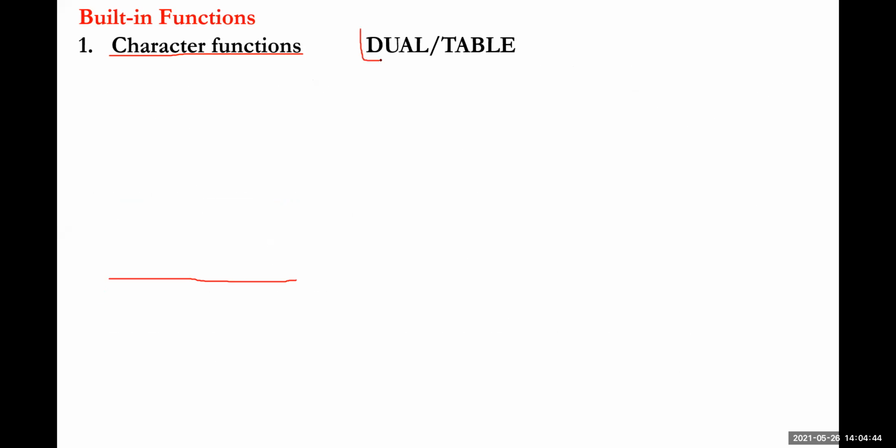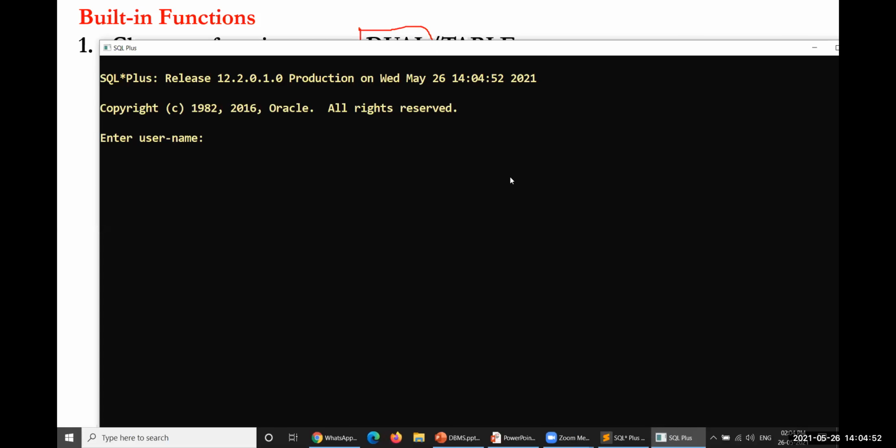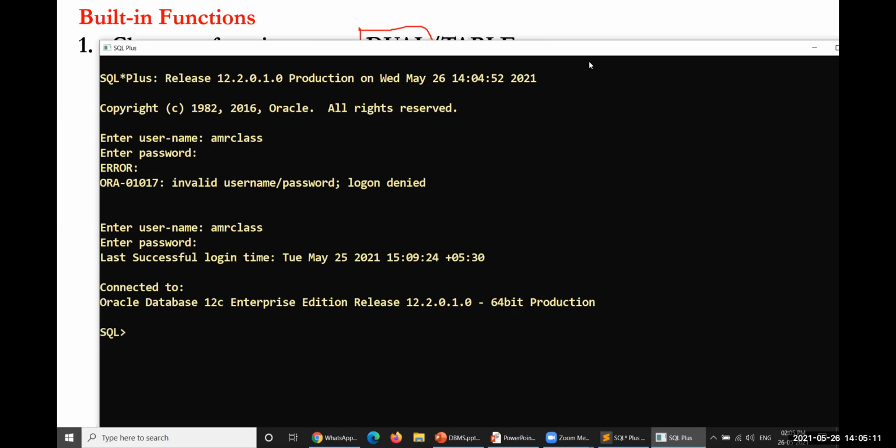The table is DUAL. It is a table in Oracle. So let me open Oracle SQL for you. It has been connected.